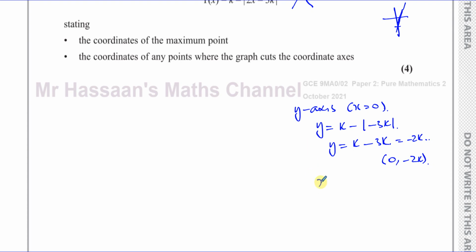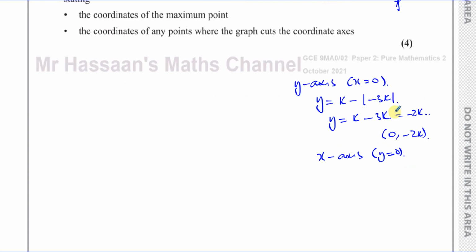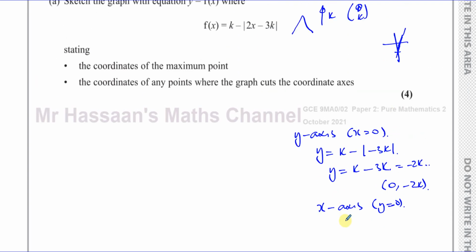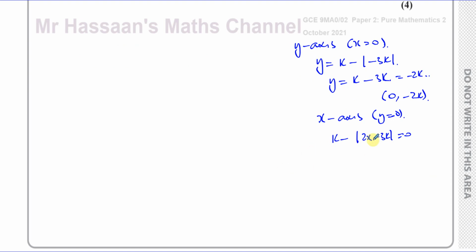And then we're going to work out where it crosses the x-axis. It crosses the x-axis when y equals 0. So we equate this whole thing to 0: k minus the modulus of 2x minus 3k is equal to 0. We're going to solve this modulus equation.